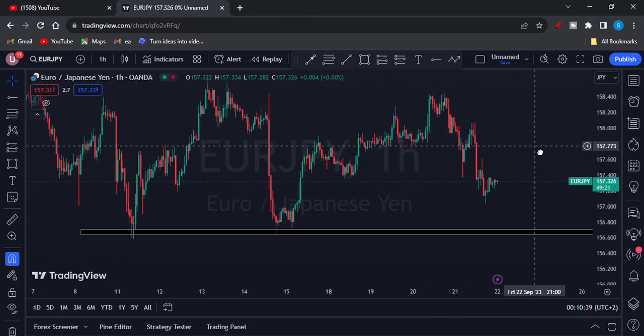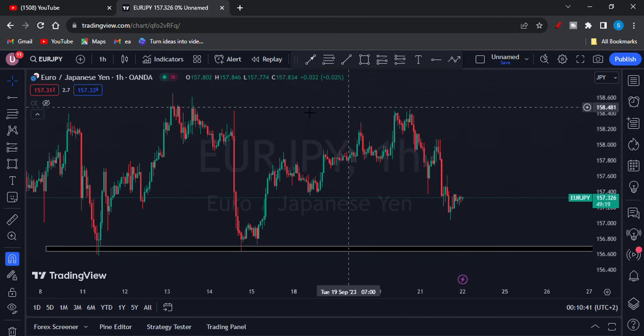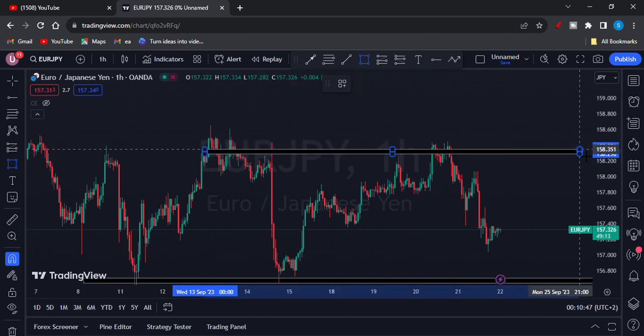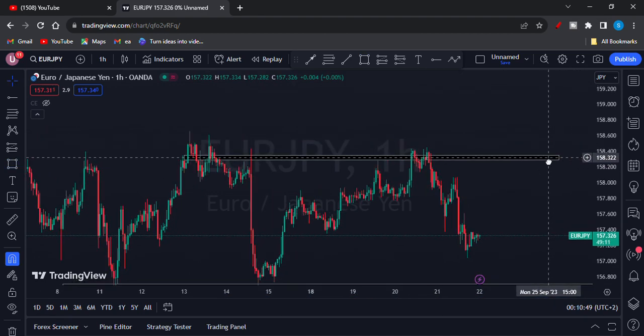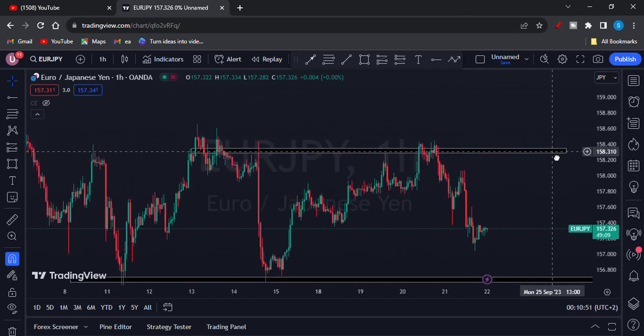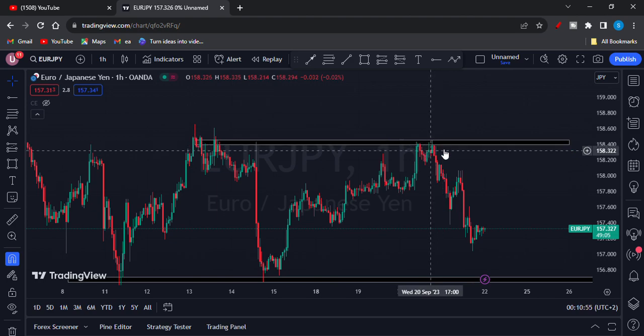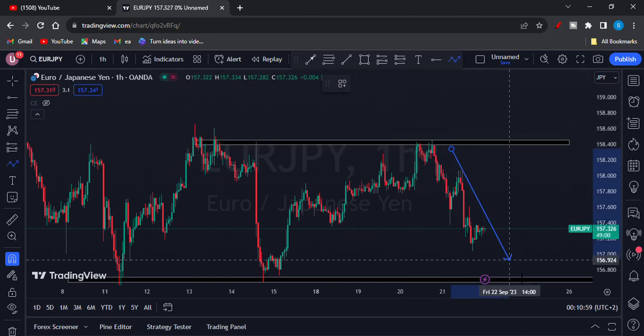So since we failed to break this resistance around here, hey, what's happening with this thing? Since we failed to break this resistance around here, forming this double bottom, we push to the downside.